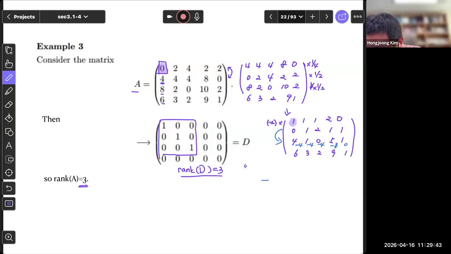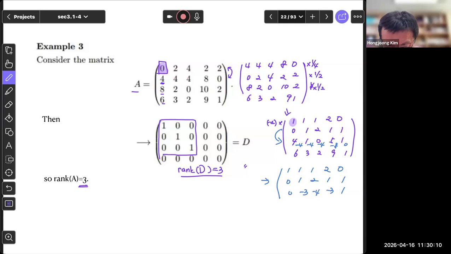So if you add them, 1, 1, 1, 2, 0, 0, 1, 2, 1, 1, and 0, -3, -4, -3, and 1, right? And then I have 6, 3, 2, 9, 1.